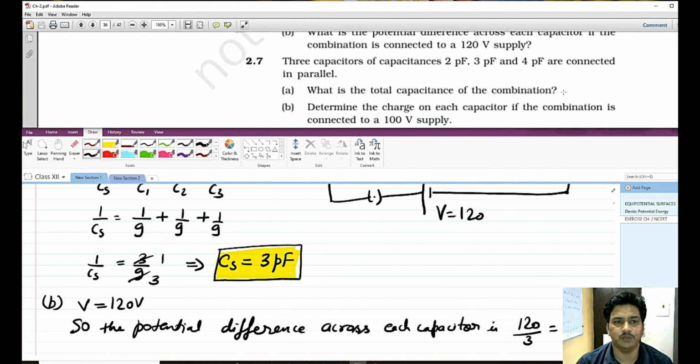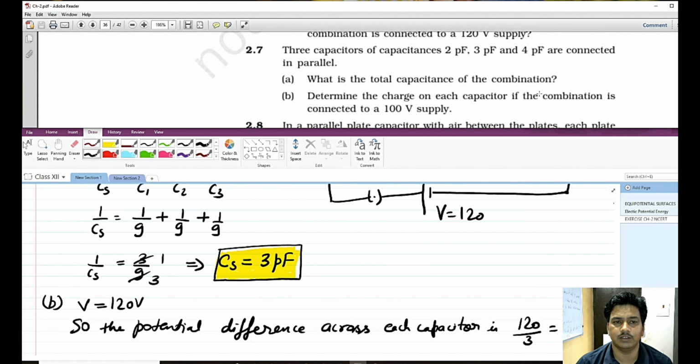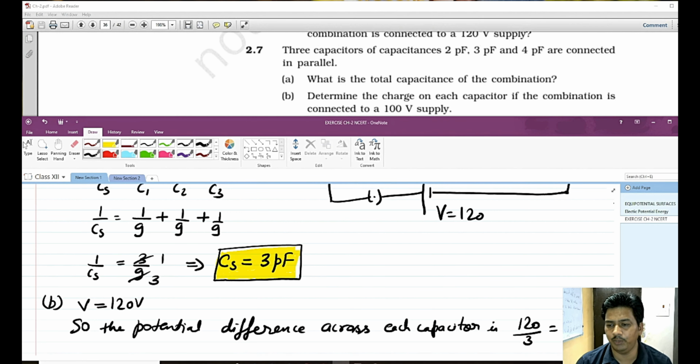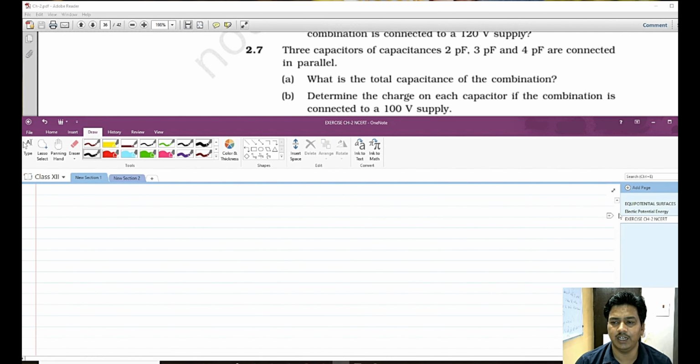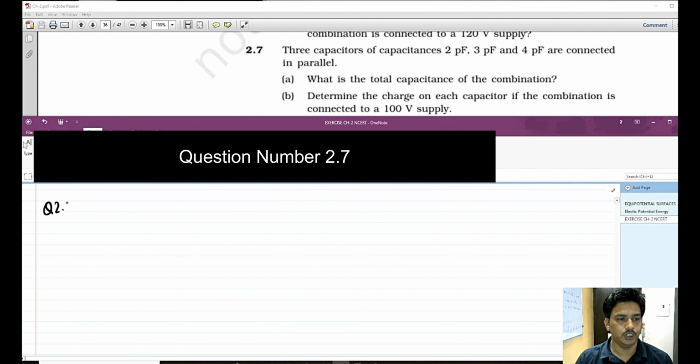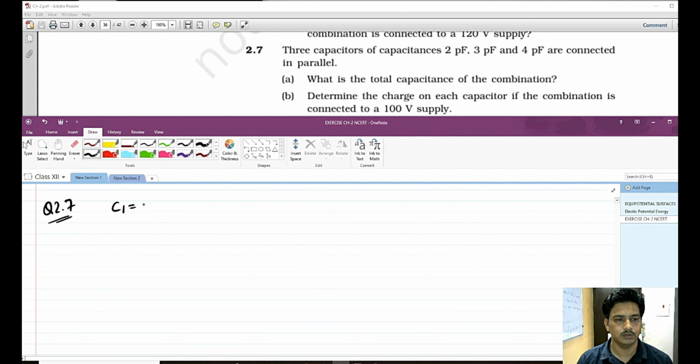In 2.6 we discussed the series combination, but in question number 2.7 there is a parallel arrangement. In question 2.7, 3 capacitors of capacitance 2 picofarad, 3 picofarad and the third one 4 picofarad are connected in parallel.